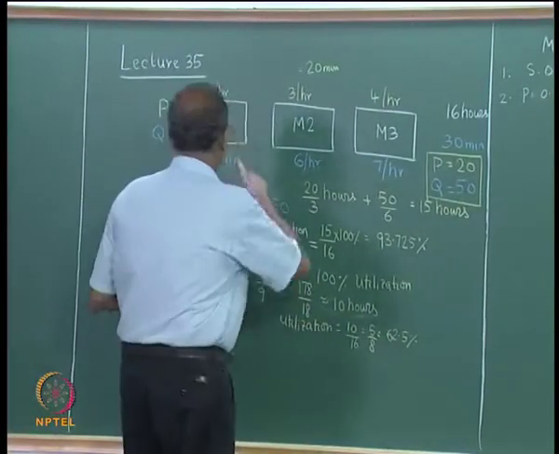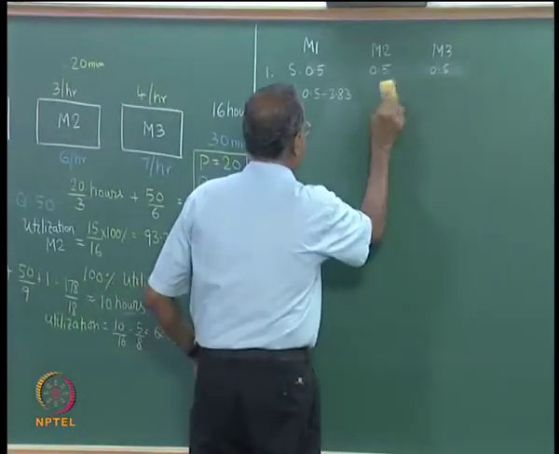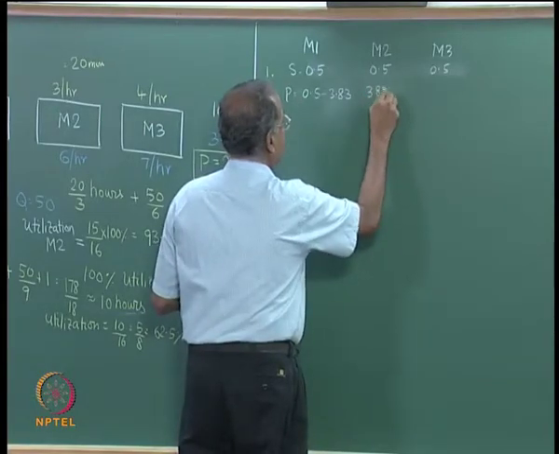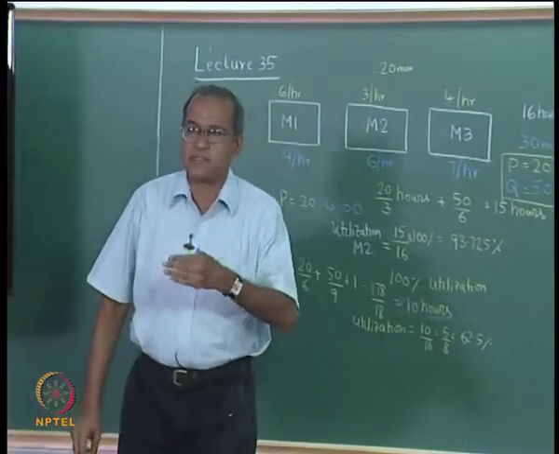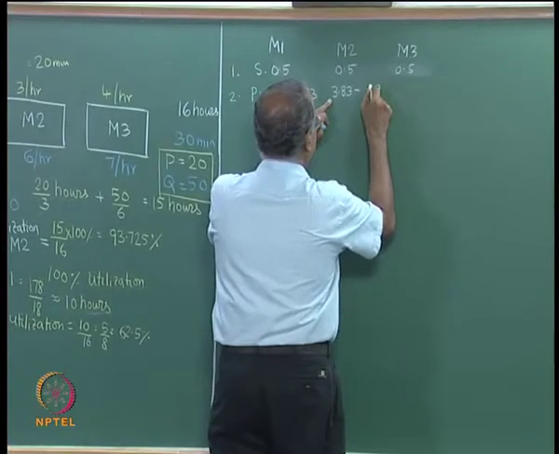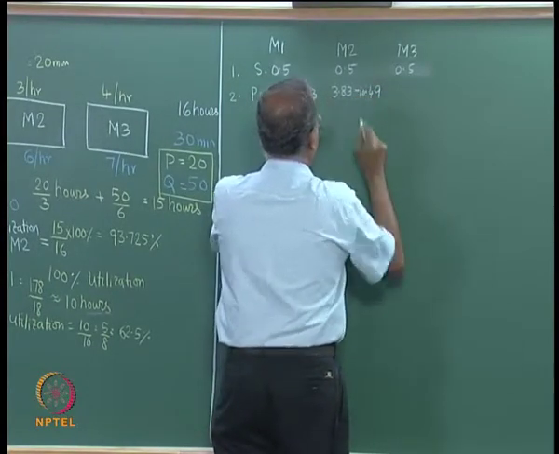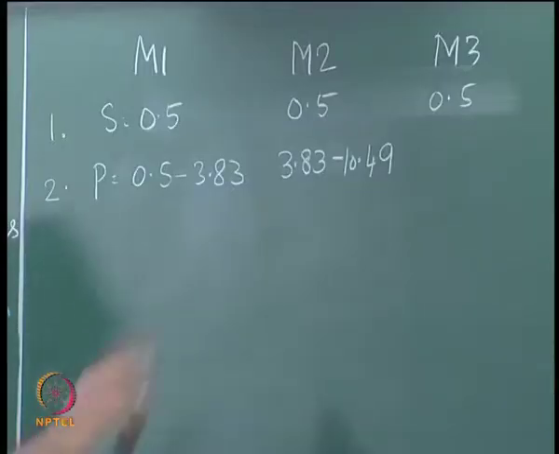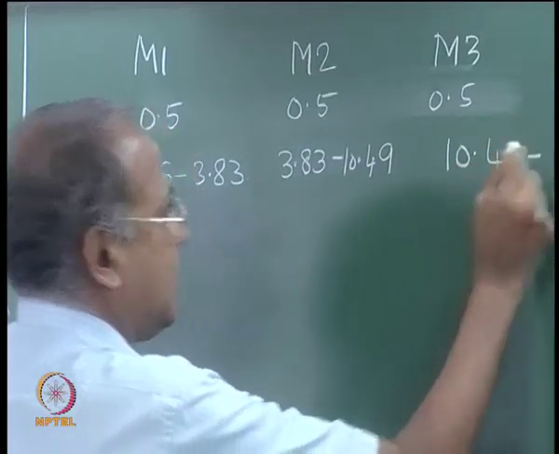Now, if the transfer batch is also 20, then this will start at 3.83 hours and this will require another 6.66 hours. So, this will become 10.49 hours. So, this will go at 10.49 hours.